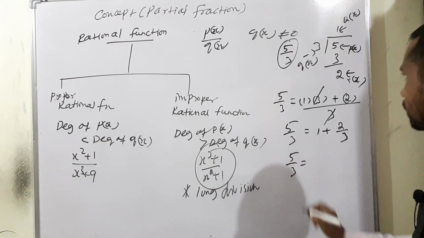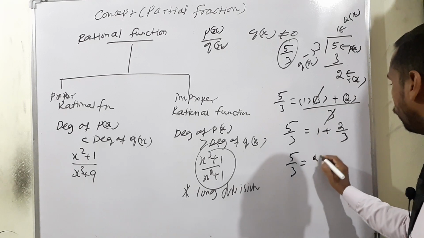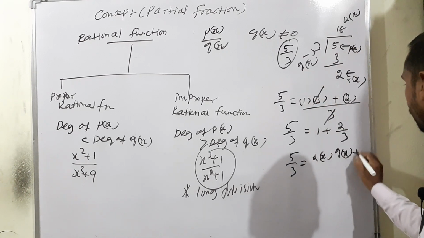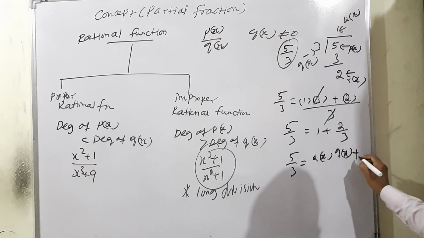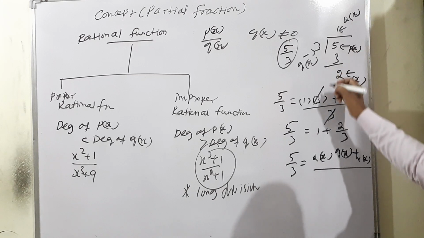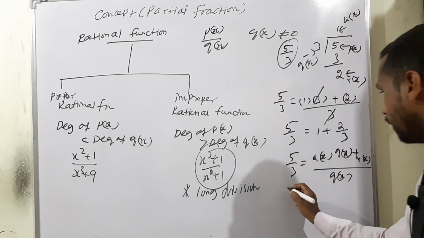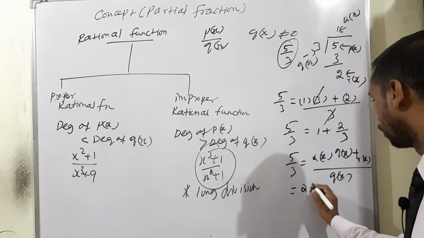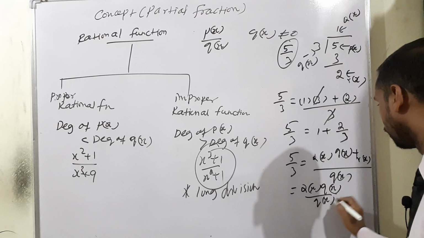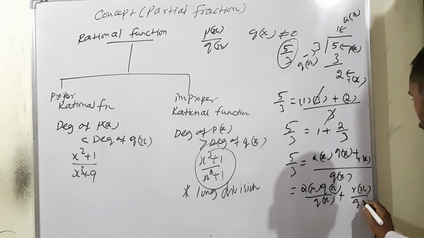So 5 by 3 is equal to, what is the meaning? 1 is considered for capital Q of x. Therefore, capital Q of x into small q of x, then plus r of x, the whole term divided by 3. 3 is considered for small q of x. So separate means, what will happen? Q of x into small q of x divided by small q of x plus r of x divided by small q of x.